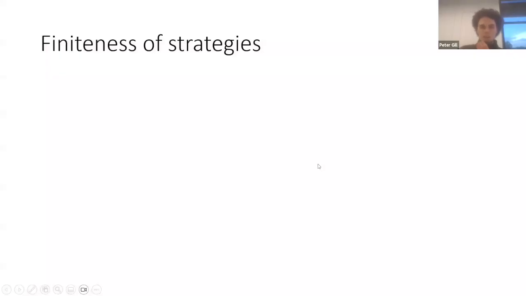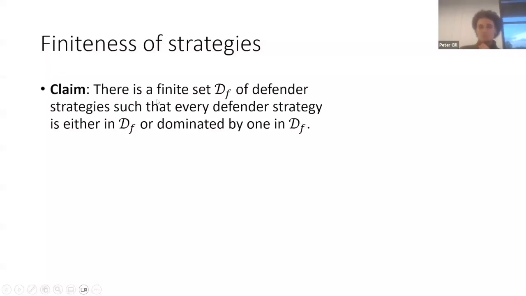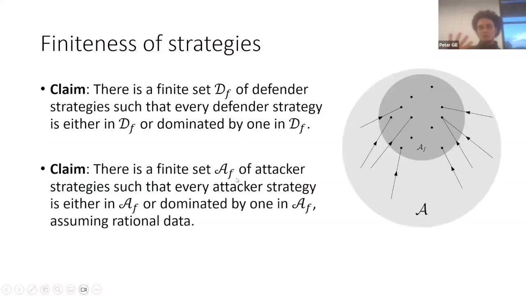So finiteness of strategies. It's fairly obvious that the defender strategy set is now finite. But also because the defender strategies are finite, I can get for free that my attacker strategy space is also finite. The intuition is that the other guy only has finitely many possible plays to make.